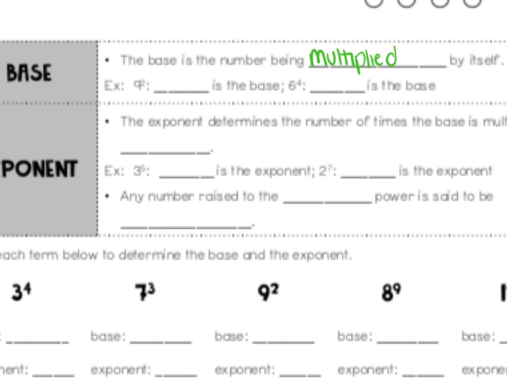You had the right operation. So in the example, 9 to the 2nd power, which number is the base? 9. In the example, 6 to the 4th power, what's the base? 6. Nicely done. The exponent then determines the number of times the base is multiplied by itself.